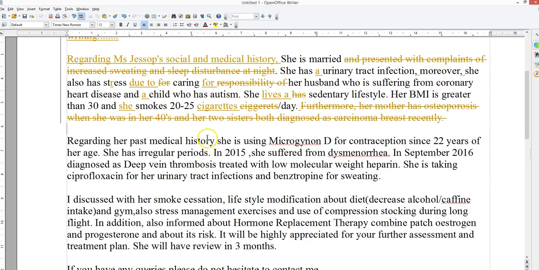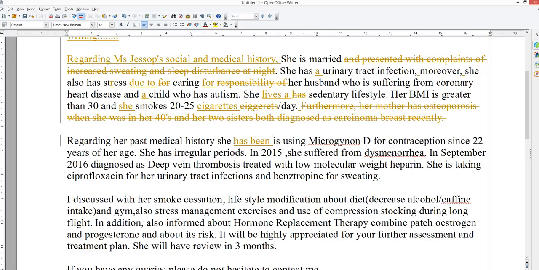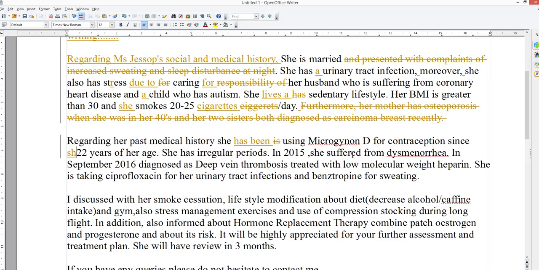Regarding past medical history, she is using, right. Well, surely it should be present perfect. So she has been using Microgynon D for contraception since she was 22.